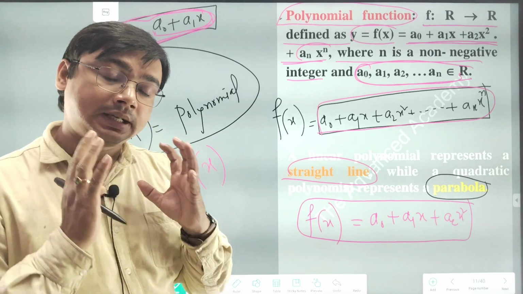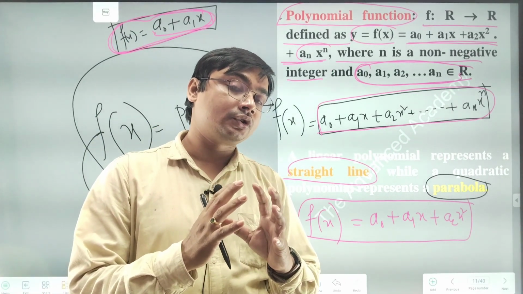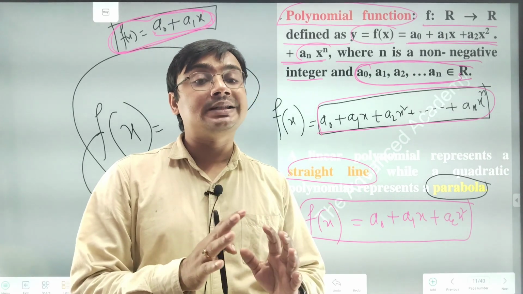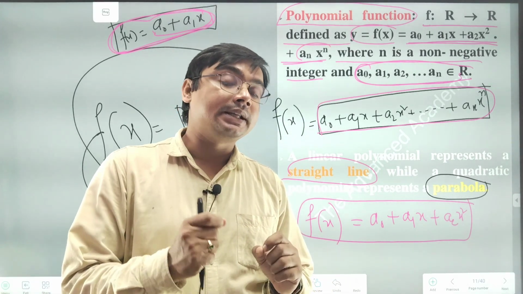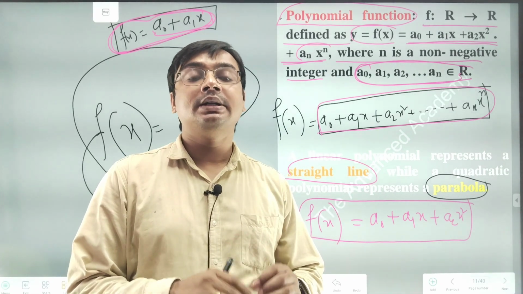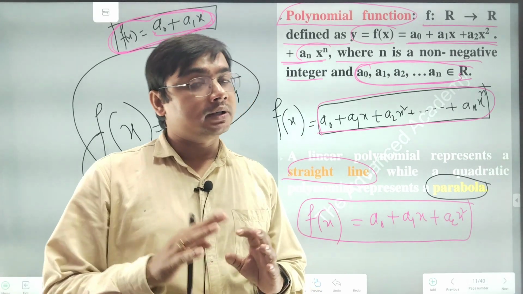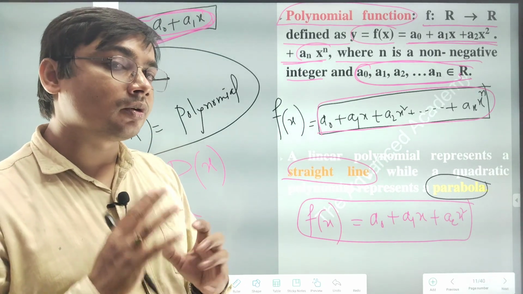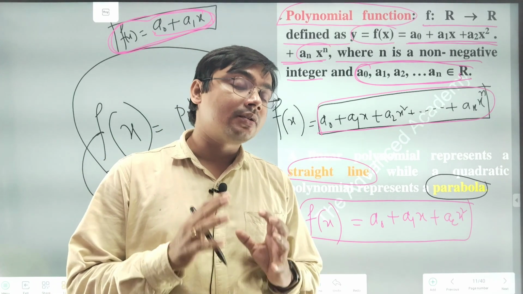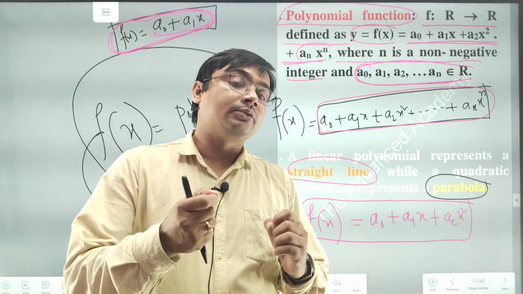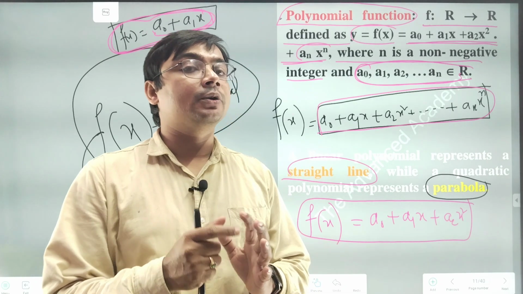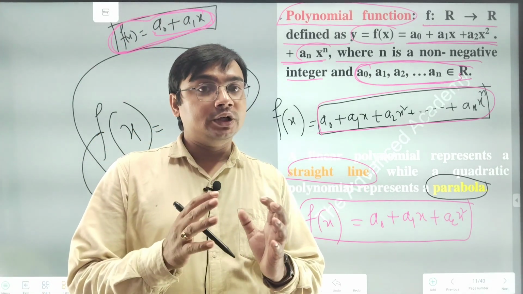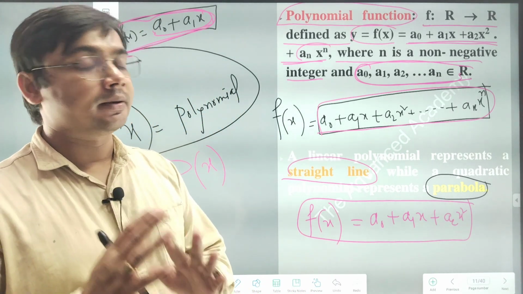Any linear polynomial function always gives a straight line, but in case of quadratic polynomial it will represent a parabola.